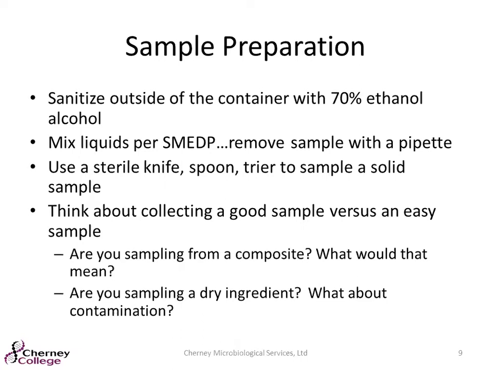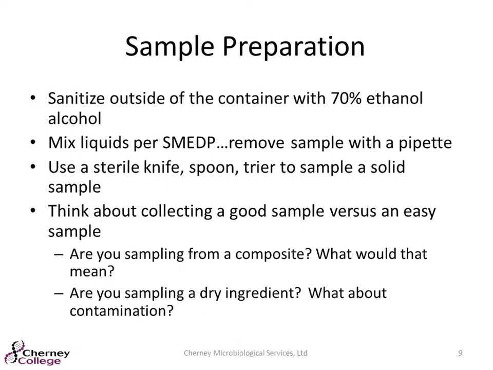And again, like I said in the beginning, think about collecting a good sample versus just the easy sample. So if you, for instance, have a bag of powder and you've been collecting throughout the day, make sure that you have a good way of really mixing or shaking that so that you're not just testing those top layers. Or if you have a large block of cheese, make sure that you don't just take from the one spot, but try to take it from various different spots.